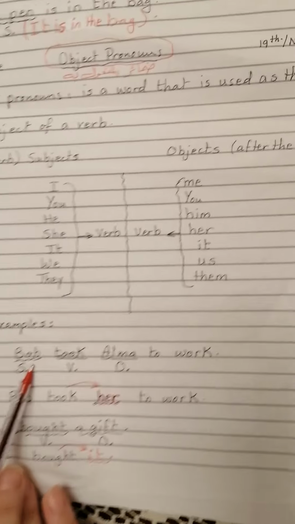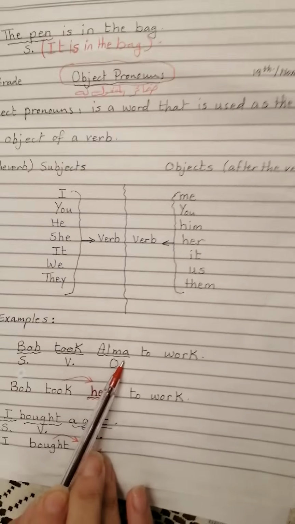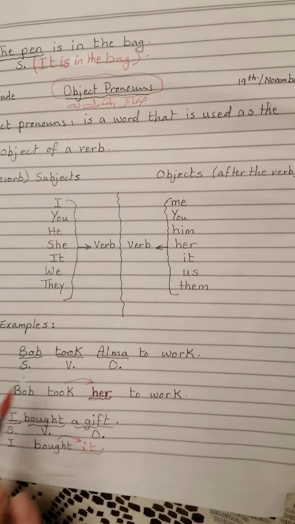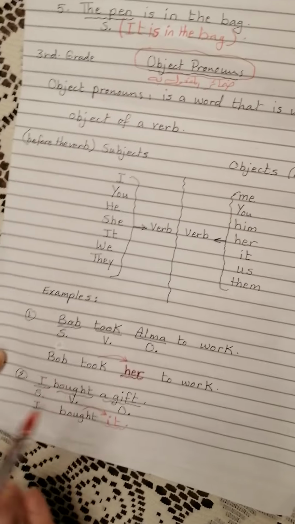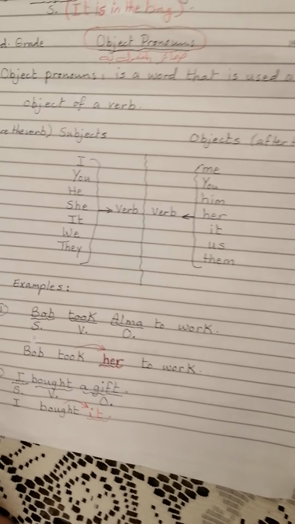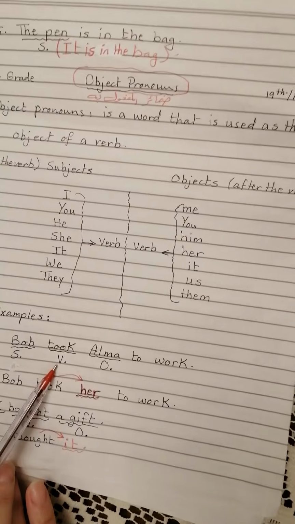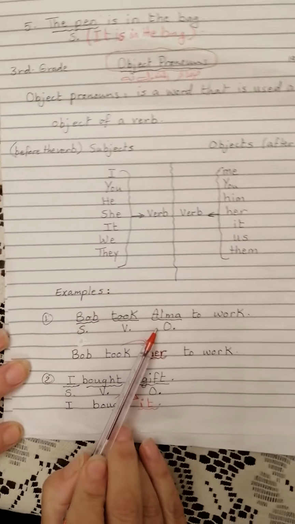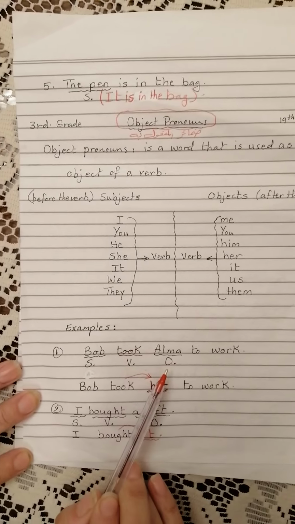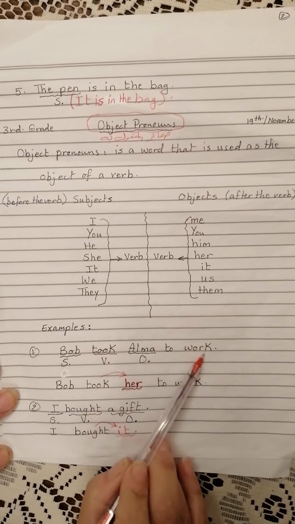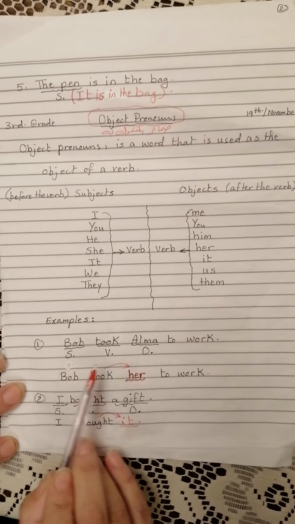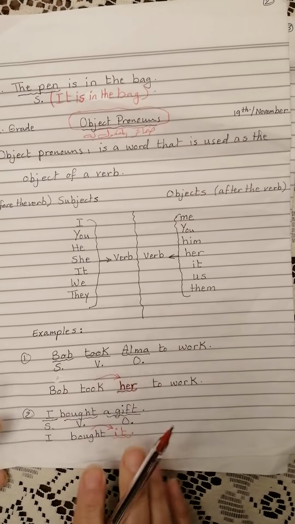Bob took Alma to work. If we go back to this sentence, Bob is the subject, took is the verb, and Alma is the object, المفعول به. Subject, verb, object.